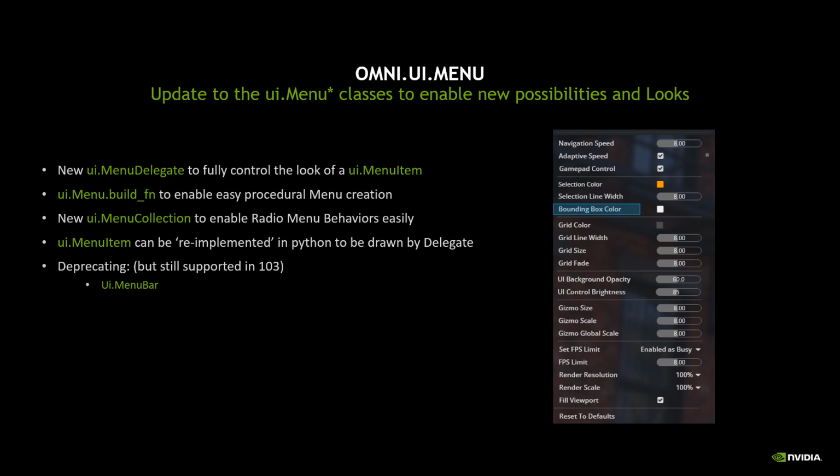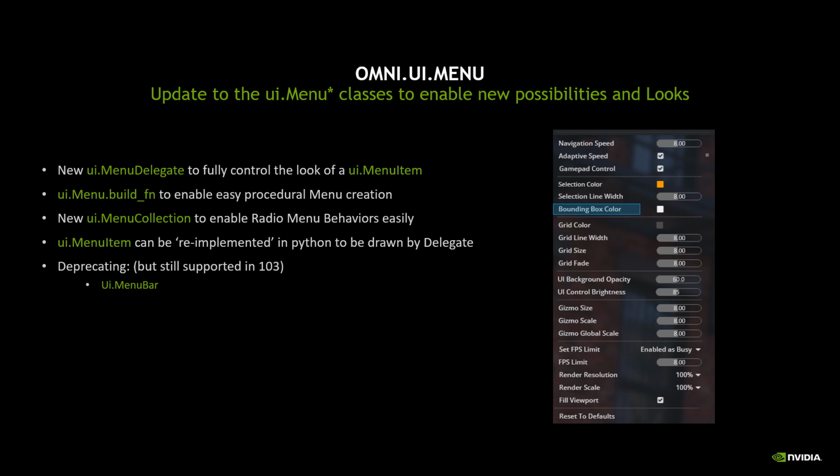So now the UI menu includes a build function that will build the menu just in time. It's cached, so it's fast to reuse later, but you can easily invalidate it, so you can also recreate it each time. There were many times where users wanted to put collections inside a menu for multiple choices. So we've added UI menu collections that enable radio menu button behaviors in a very simple way.